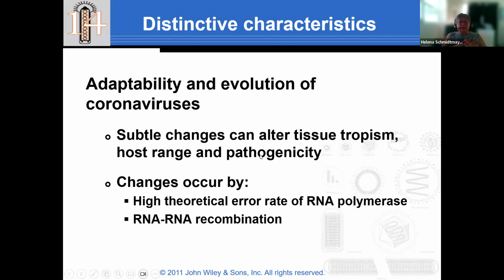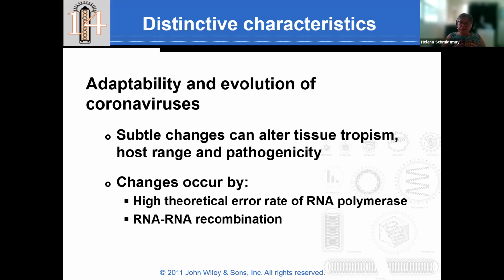Now, we talk about the S protein. Stop and restart synthesis of subgenomic RNA can help to create changes.